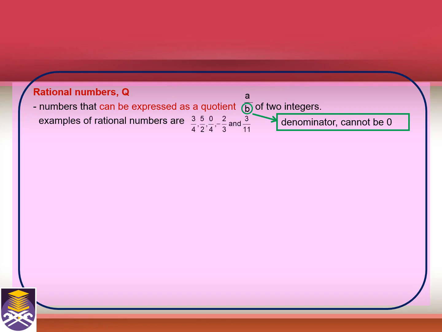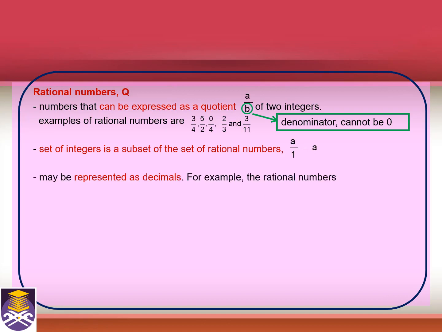Examples of rational numbers are 3 over 4, 5 over 2, 0 over 4, negative 2 over 3, and 3 over 11, and so forth. The set of integers is a subset of the set of rational numbers, because integer a can be written as a over 1.